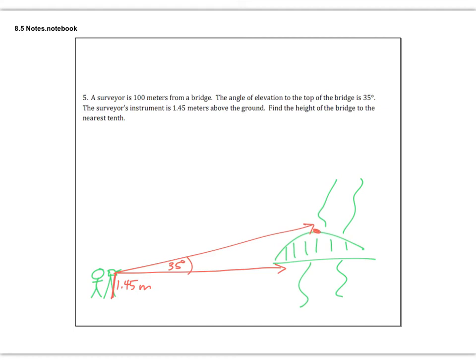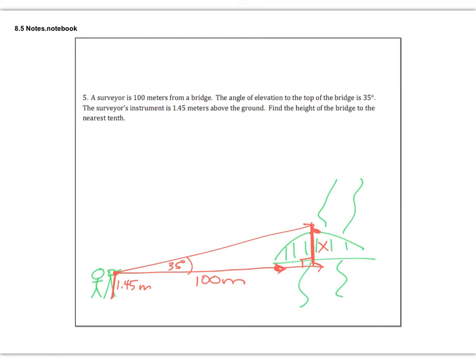And also the surveyor is 100 meters from the bridge. So this distance from here to here is 100 meters. And we want to figure out the height of the bridge. So what we're going to do is find this height right here, and I'll call it X.